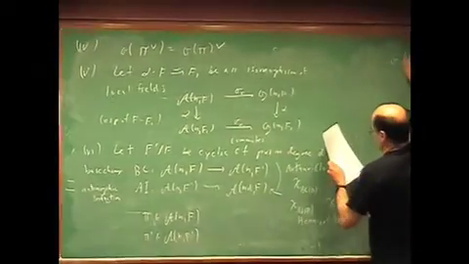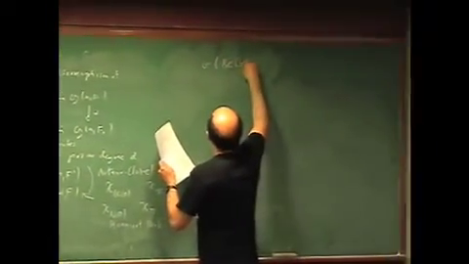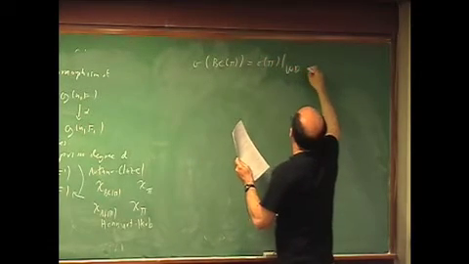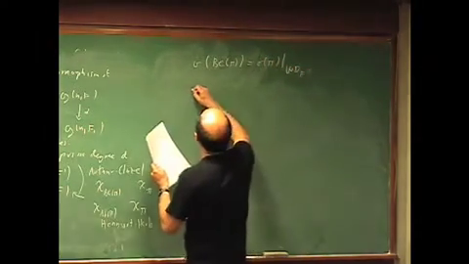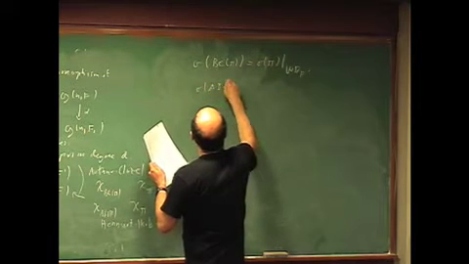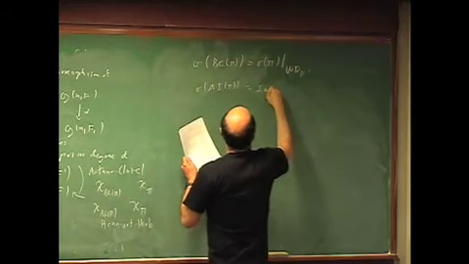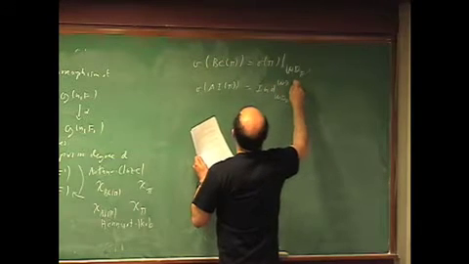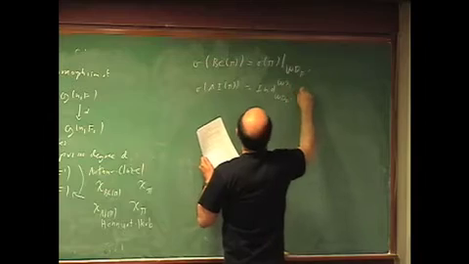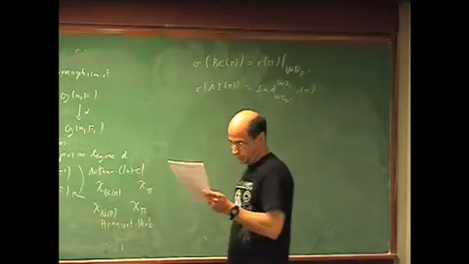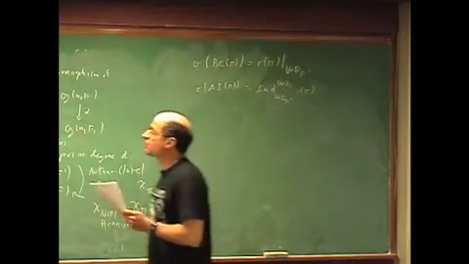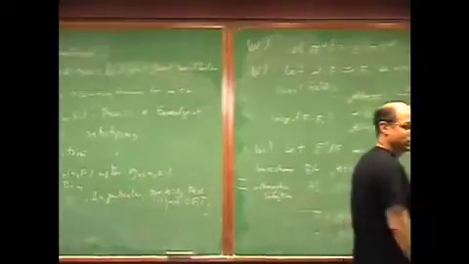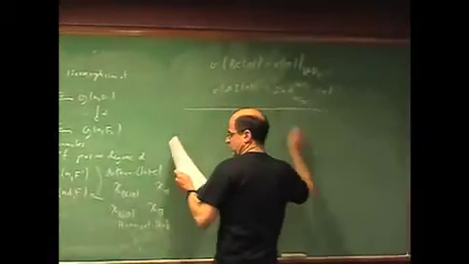Then we have sigma of BC of pi is equal to sigma of pi restricted to the Weil-Deligne group of F prime, and sigma of AI of pi is the induced representation from the Weil-Deligne group of F prime to the Weil-Deligne group of F of sigma. And this is not necessary for characterizing the bijection, but it's crucial to the proof.